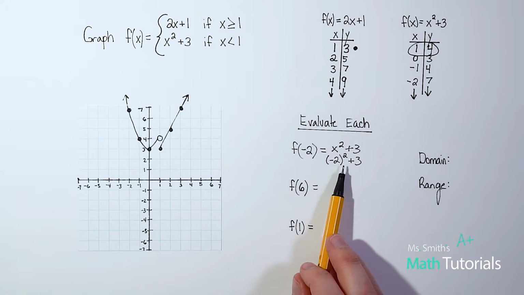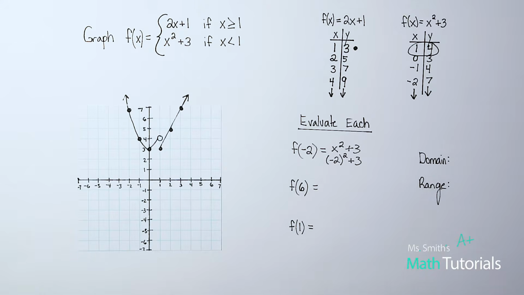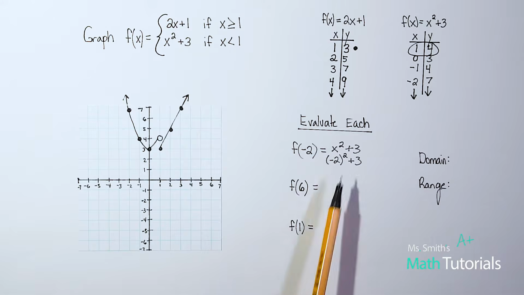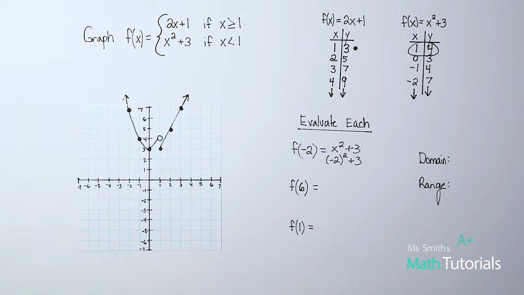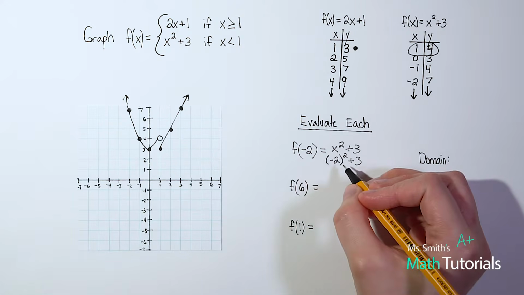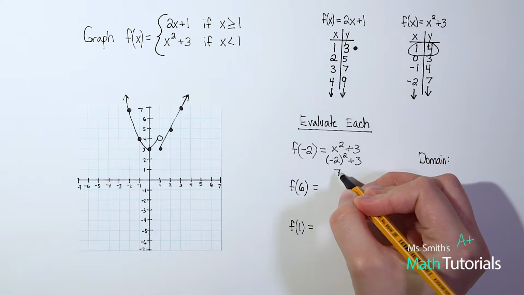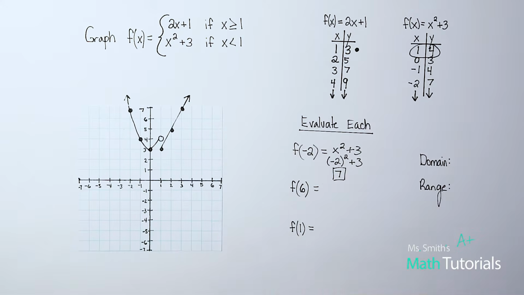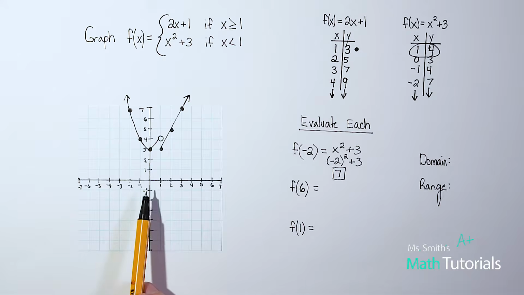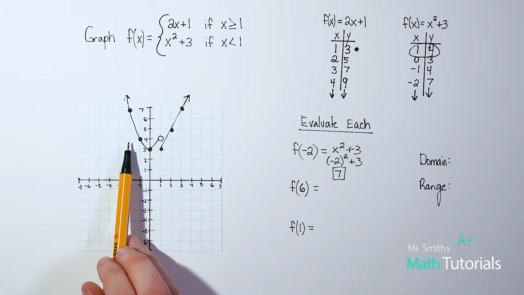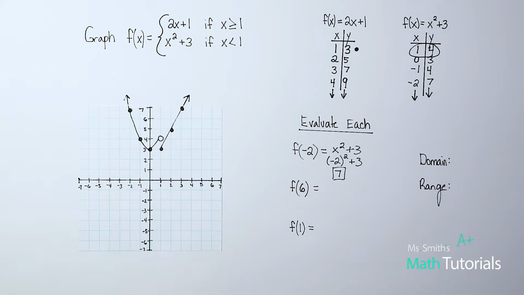If you do not have them, you will get the wrong answer, okay? So (-2) squared is 4, and then add 3 to it, we get 7. We can double check, just verify that on the graph. When x is -2, didn't we say we fall at 7? Yep.